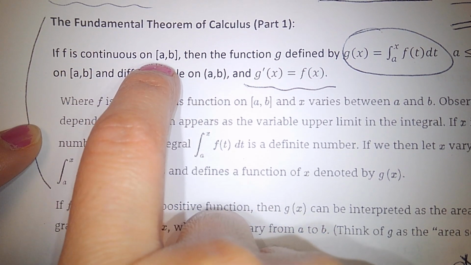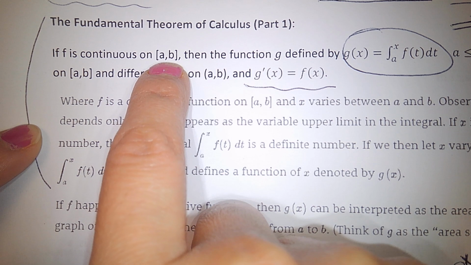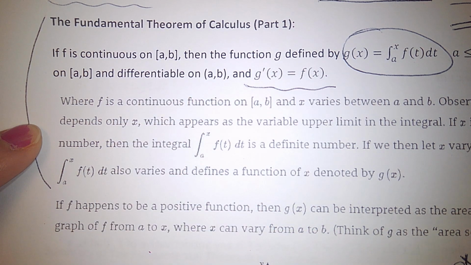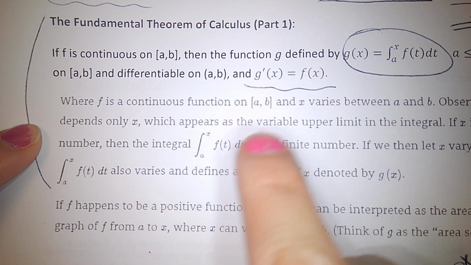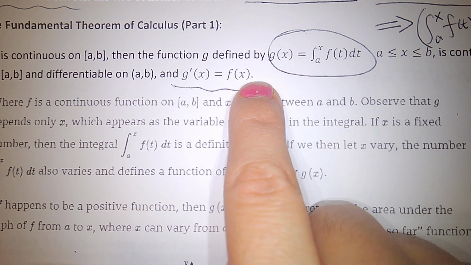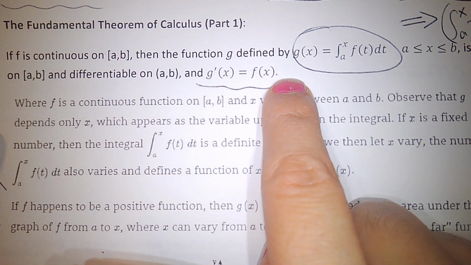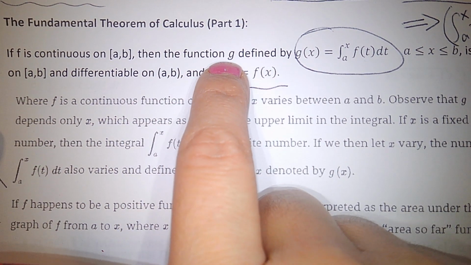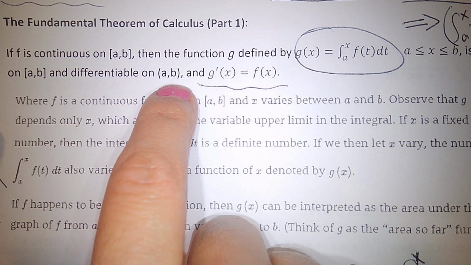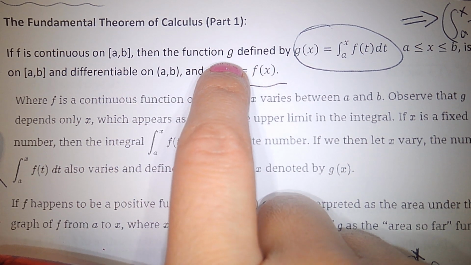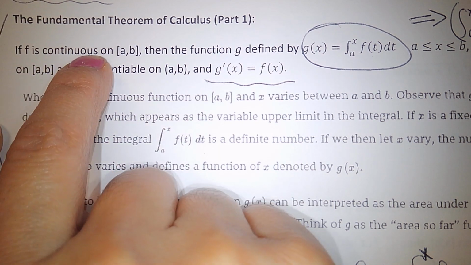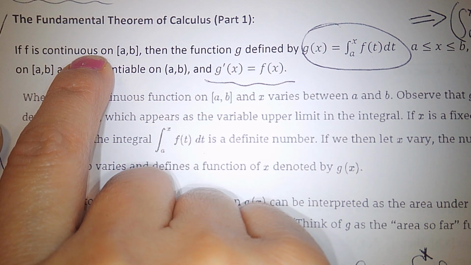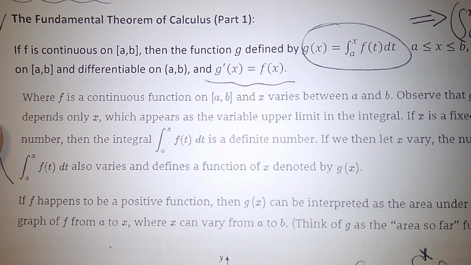F is continuous. Continuous means as long as we draw the picture without lifting the pen, it is continuous, but it doesn't say f is differentiable. It says g is differentiable on the open interval a to b. So for function f, as long as it's continuous, it could be non-differentiable at certain points, right?